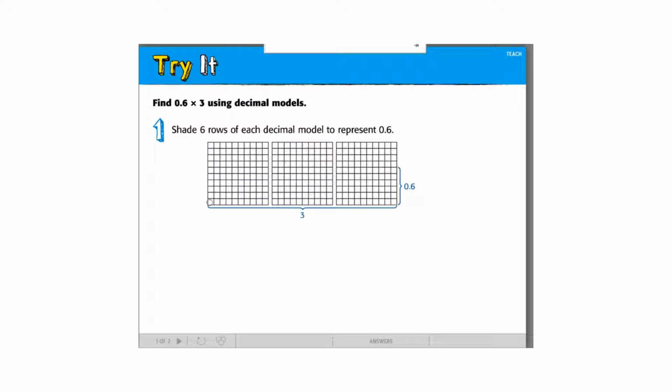So 6 tenths, 1, 2, 3, 4, 5, 6. 1, 2, 3, 4, 5, 6, and one last time. So we did 6 tenths 3 times.